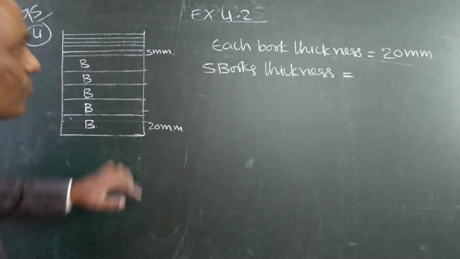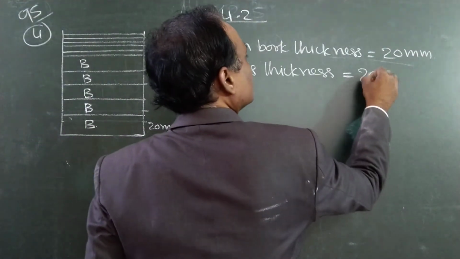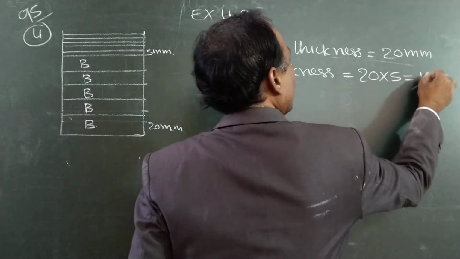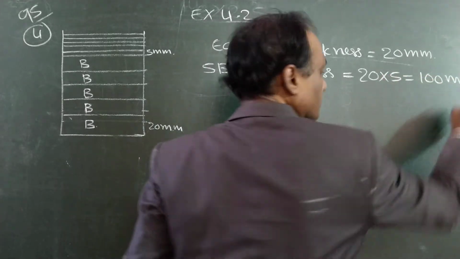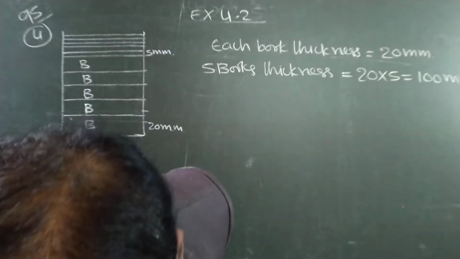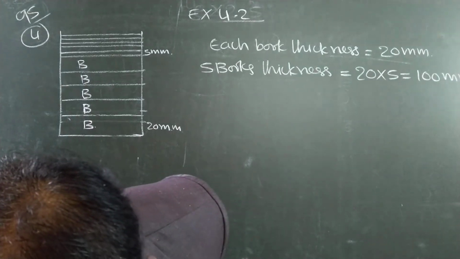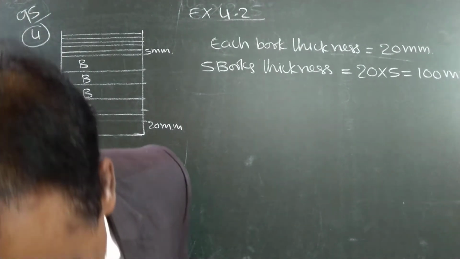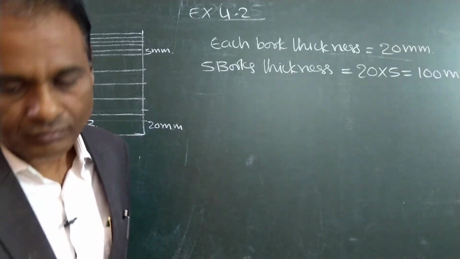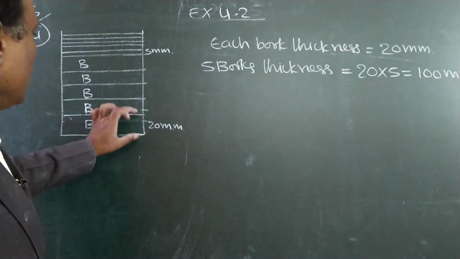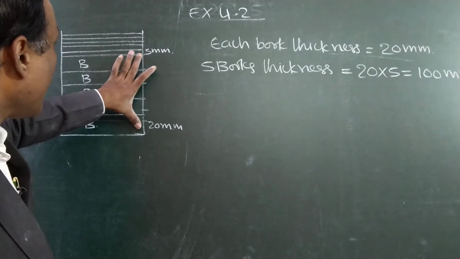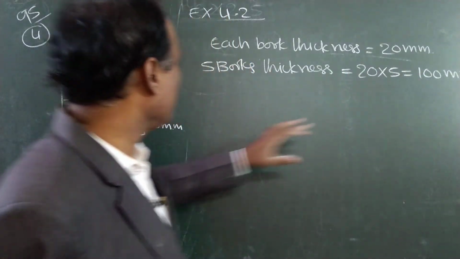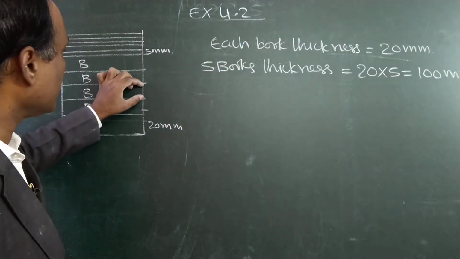So 20 into 5 books, 100 mm. Each book 20 mm, 5 books, total 20 into 5, 100 mm.